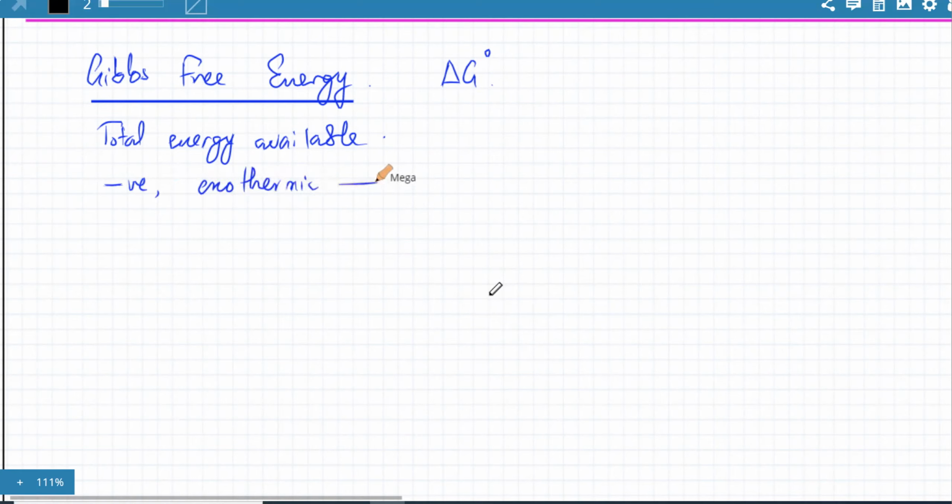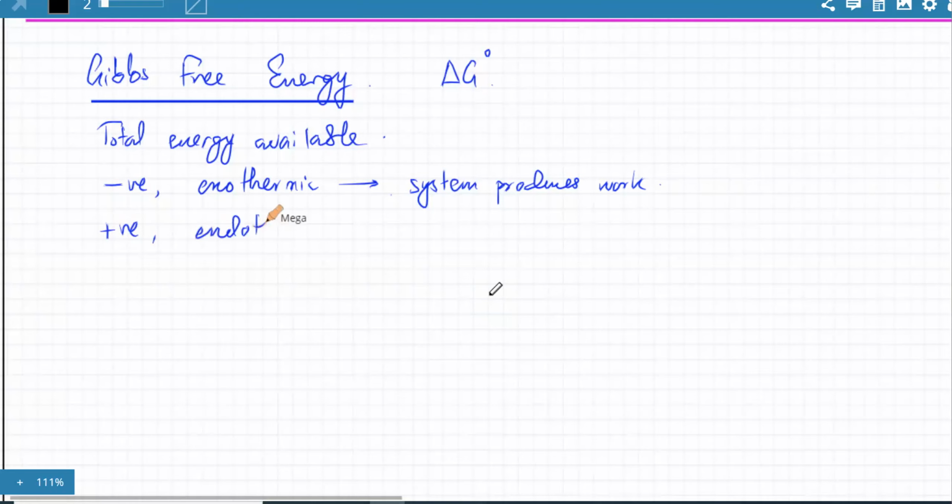That means the system is going to produce work, right? I mean, we know that whenever energy is negative, that means work is being produced. Similarly, delta G could be positive, and that means overall the system is endothermic.